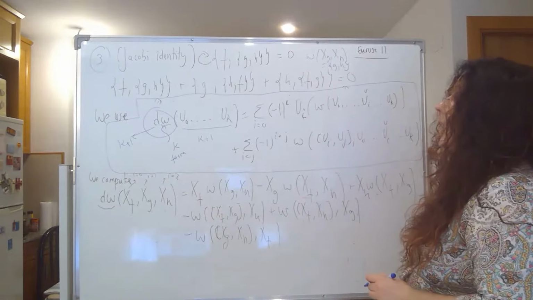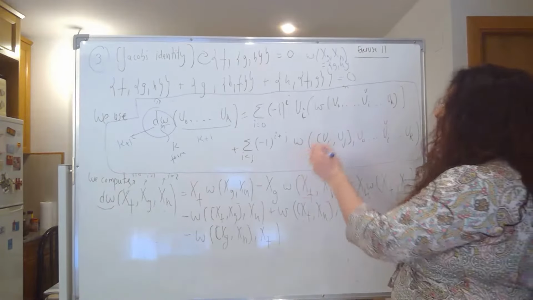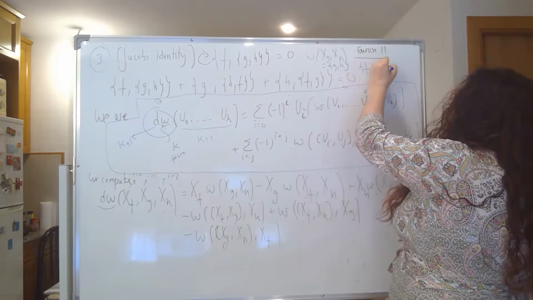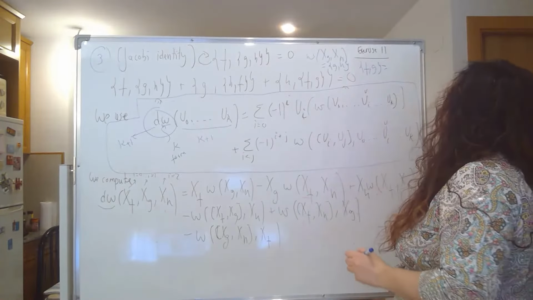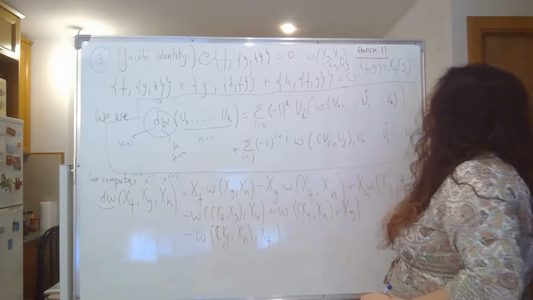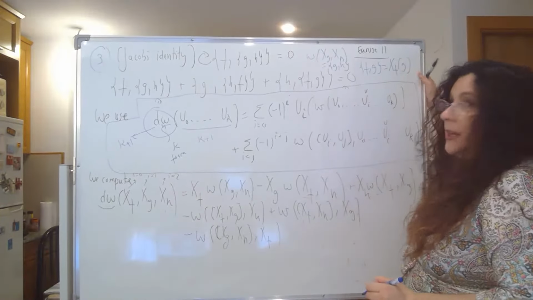Second thing I'm going to apply is what we saw, that the bracket of f and g, you can identify with x sub f applied to g. And you can identify both terms.